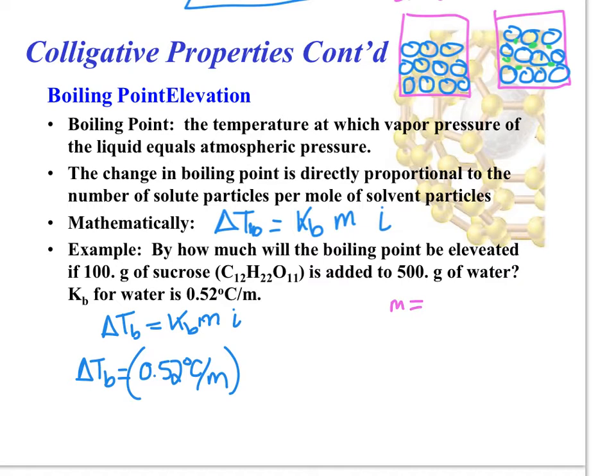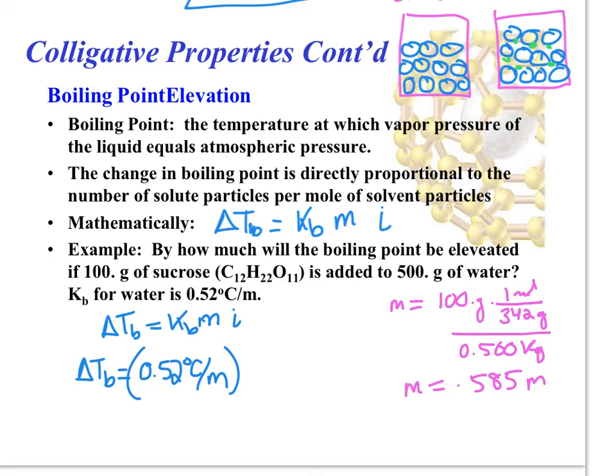So it's moles of solute. My solute is sucrose, so 100 grams. Multiply that by 1 mole, 342 grams. So that's my moles of solute over kilograms of solvent. I have 0.500 kilograms. So my molality is 0.585 molal. I'm going to plug that back in here.